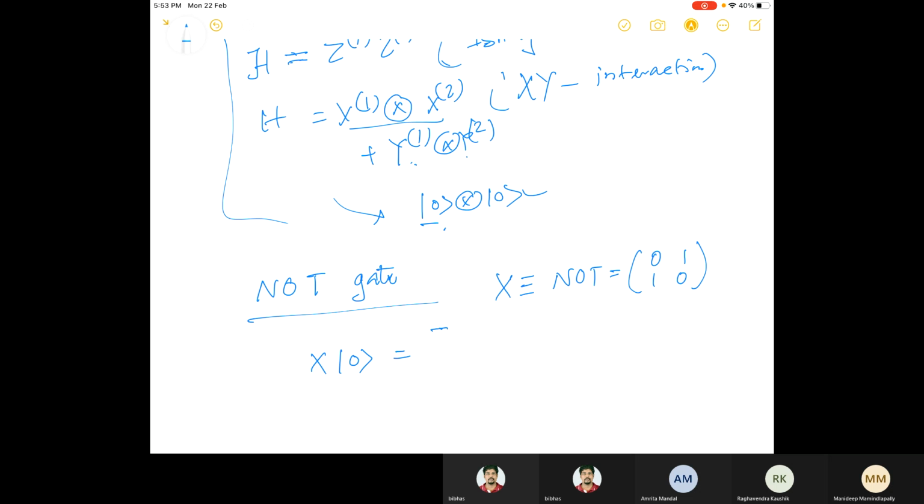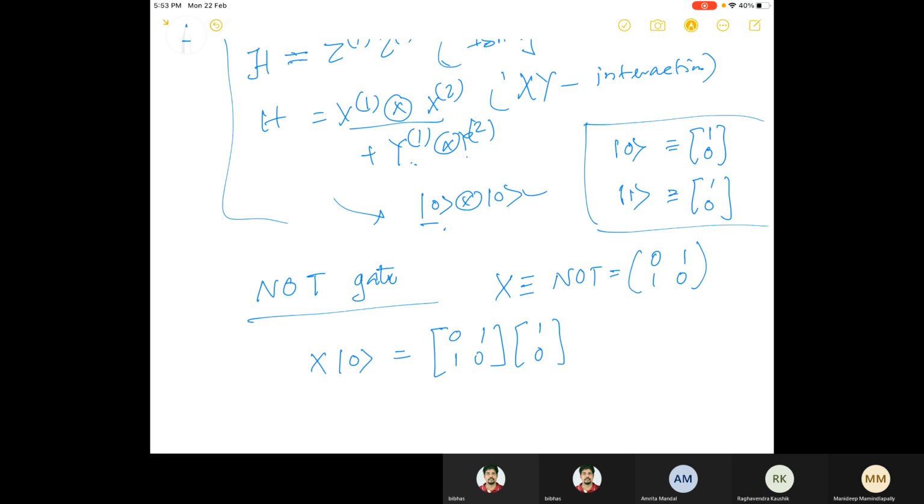Since we are doing it for the first time, let me just write it down. 0, 1, 1, 0 times 0. So 0 here means the vector (1, 0). Whenever I write 0, this is, mathematically, the vector (1, 0), and when I write 1, this is (0, 1).